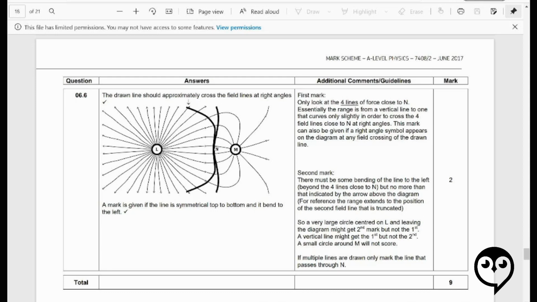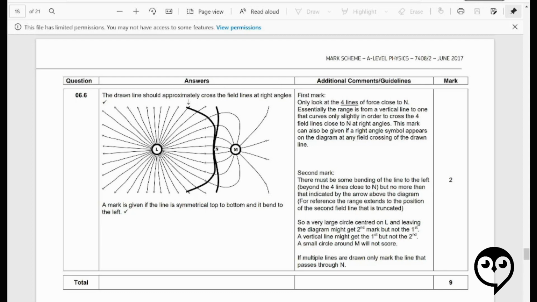I probably would have realized that had I been allowed to draw on the screen. But you can see that in this case, this isn't quite perpendicular. I don't know if I agree with this. This right here is clearly not perpendicular. Neither is this. Okay, the line drawn should approximately cross the field lines at right angles, like we said.